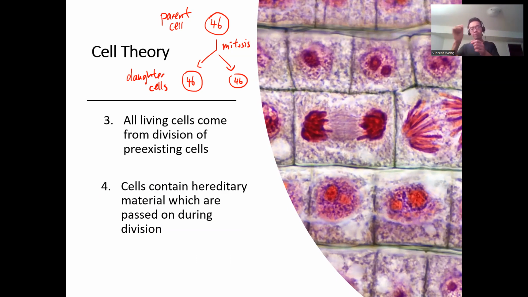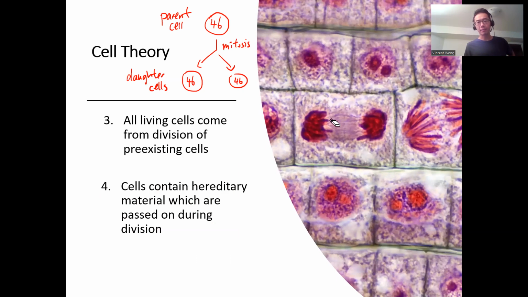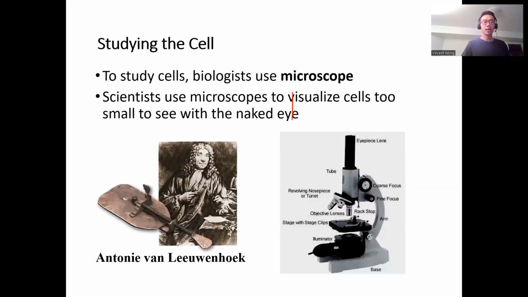So if you take a piece of onion cell and then you stain them, you will be able to see all this activity. So here you can see a cell that is dividing, right? It's splitting into two, right? So that illustrates point number 3 here, right? All cells come from division of existing cells.